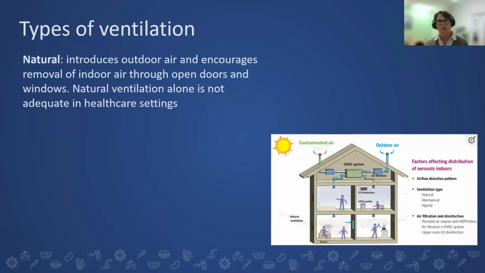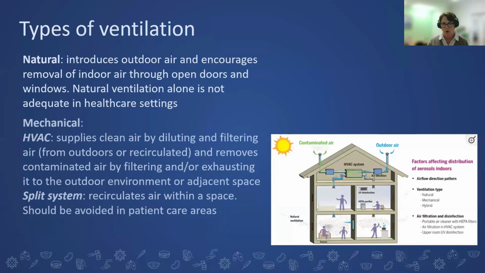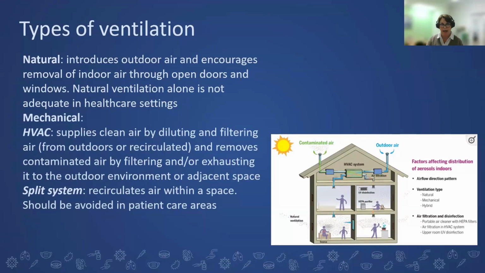And so in that situation, most of you will probably have what we refer to as mechanical ventilation, and that can be divided up into HVAC and also split systems. So when we look at mechanical, an HVAC, so heating, ventilation and air conditioning system, includes an outside air inlet, or intake, so we can see that here on this diagram of the building.